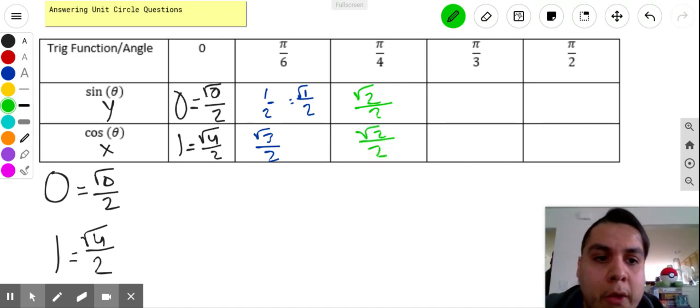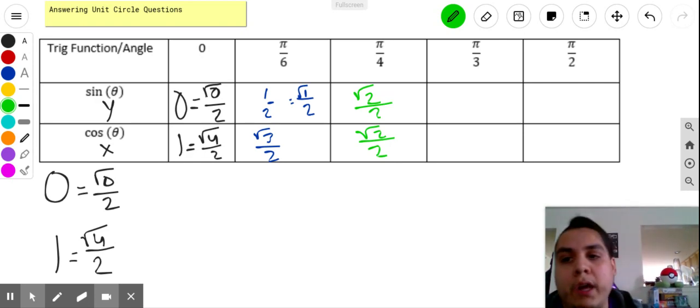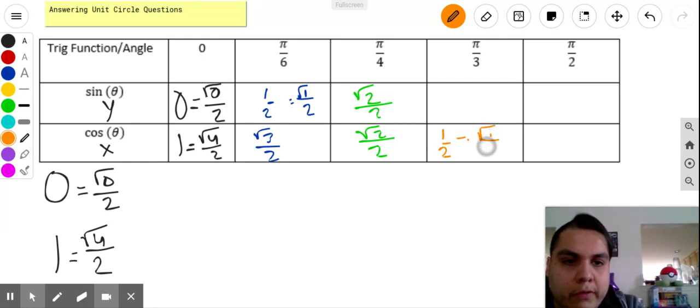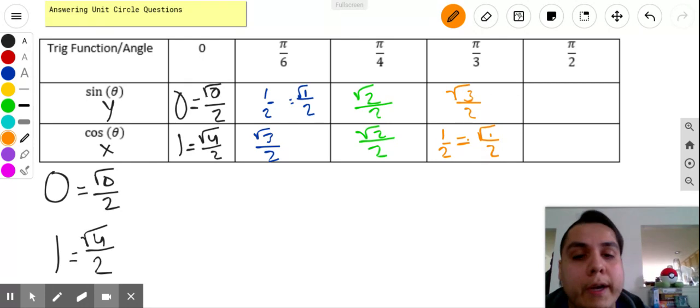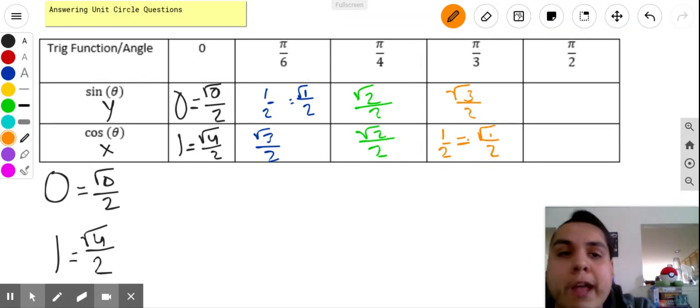Okay? When I talk about pi over 3, that corresponds to the point 1/2, which is also the same as square root of 1 over 2, and radical 3 over 2, right? X comma y. And then when I get to pi over 2, I am on the y-axis.